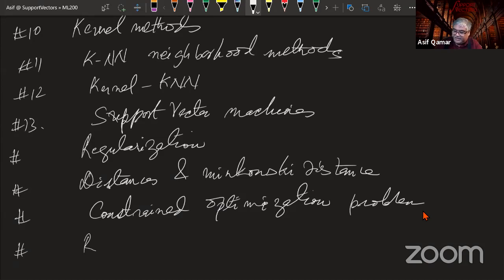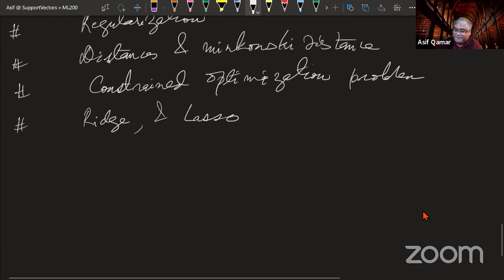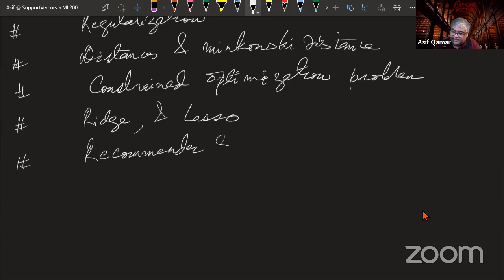And then we did ridge and lasso. And lastly, we did recommender systems, a little bit. Recommenders intro, let me just leave it as that. I introduced the idea of recommenders, collaborative filtering.